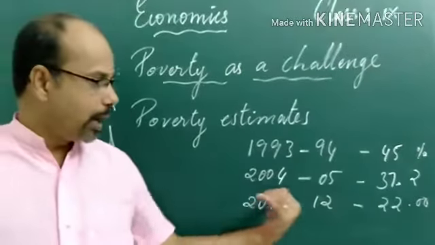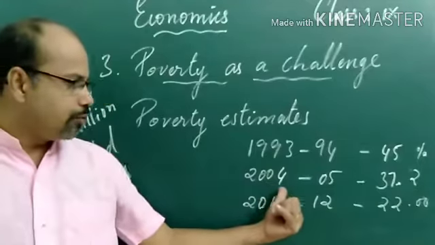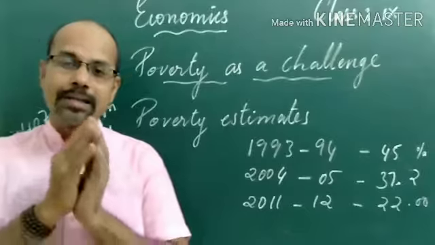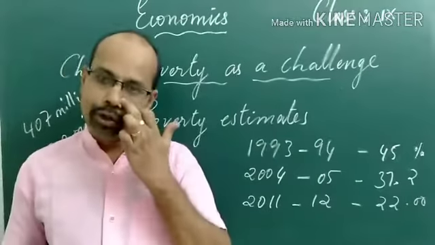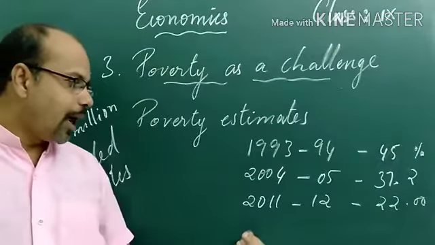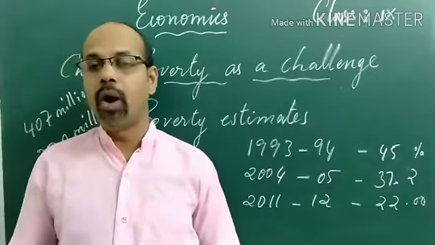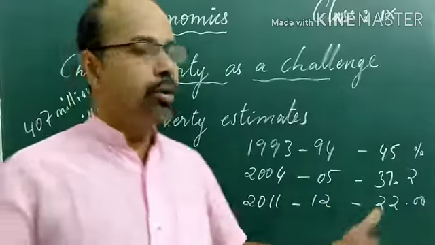It has come down again in 2004-05 to 37.2%. Further declines we can find in the 2011-12 period, when it has come down to 22%.